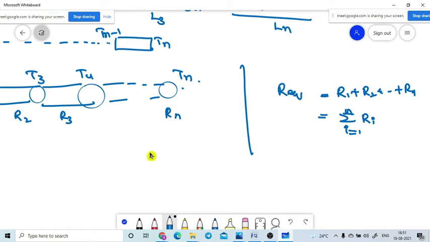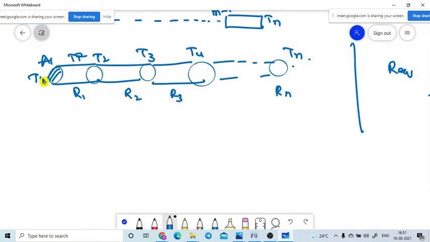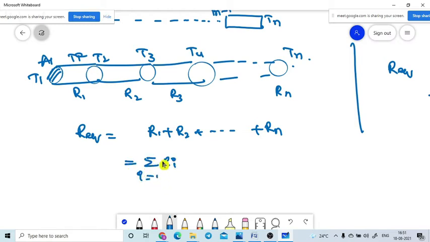In a similar manner, what about the equivalent thermal resistance of the material? It is nothing but R equivalent of all the materials is equal to R1 plus R2 plus and so on plus Rn, which is equal to sigma of Ri, where i is equal to 1 to n. Is it correct? So that is correct.